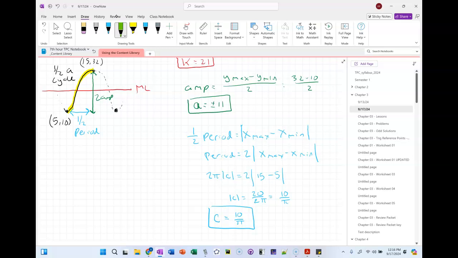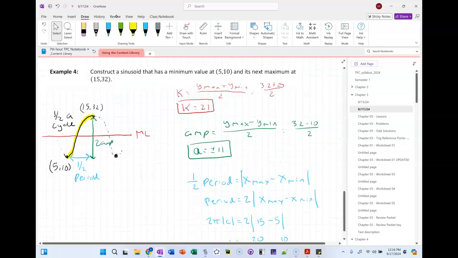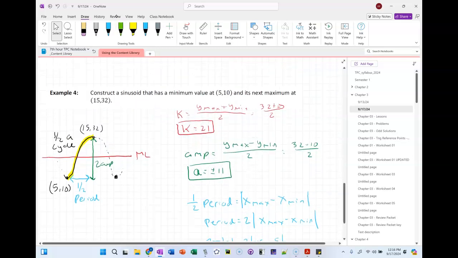So far, so good. So we have K, we have A, we have C. What do we still need? Well, it's H. To find that H, I'm going to use one of these 2 points.